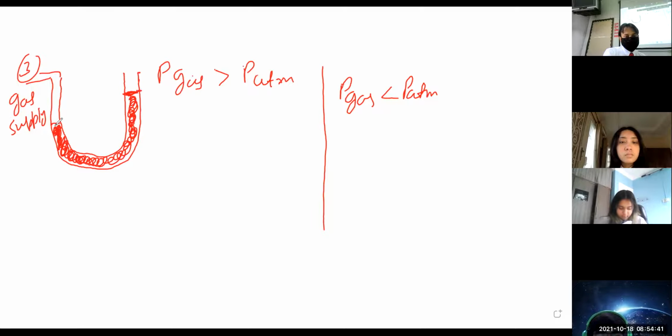Suppose this is the highest position that the mercury rose to. A height difference is always taken from the top level of the mercury in the right-hand side limb and the lowest level of the mercury in the left-hand side limb.